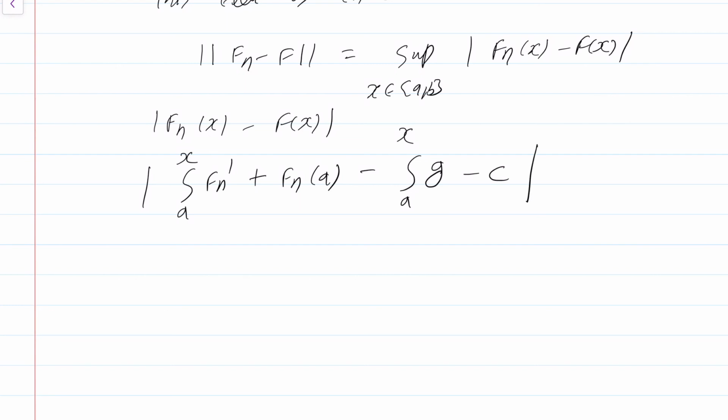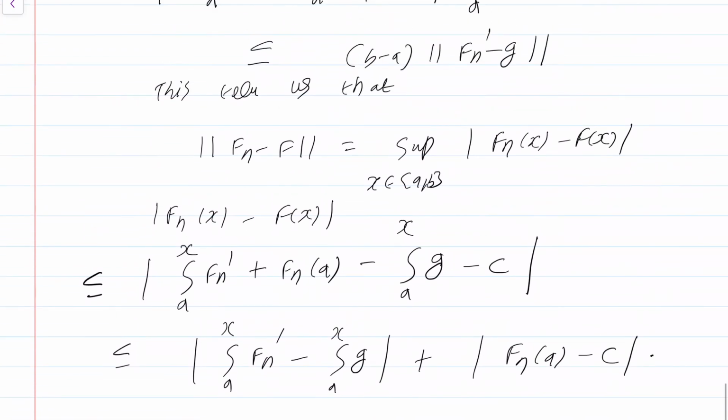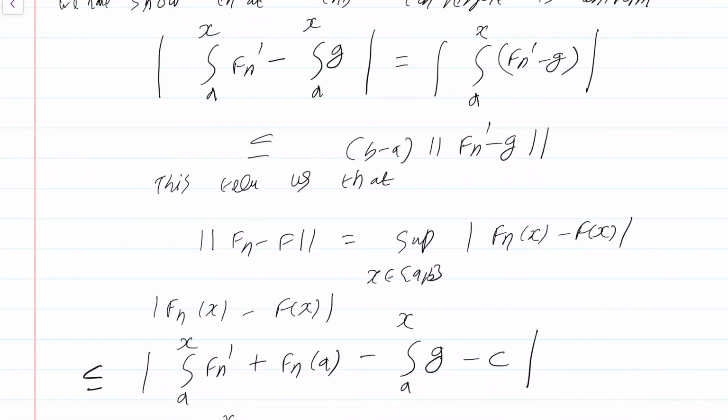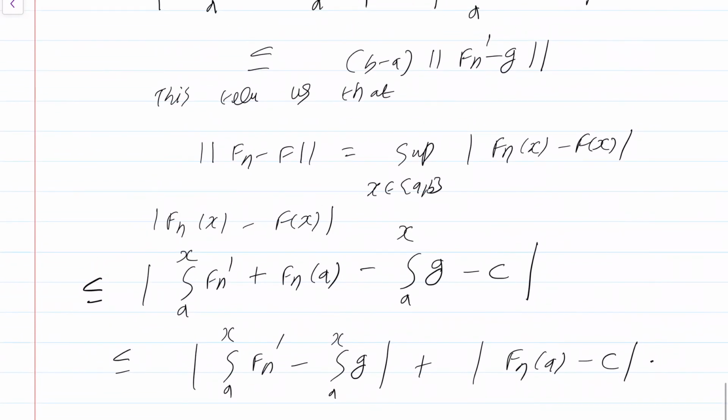Okay, so we have less than or equal to this. Fine, but this is less than or equal to, by the triangle inequality, the integral from a to x of f_n' minus the integral from a to x of g, plus mod f_n(a) minus c. And we just saw that the first term is less than or equal to (b minus a) times the norm of f_n' minus g.